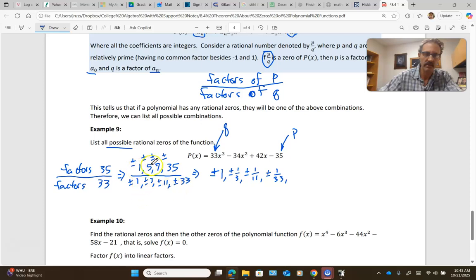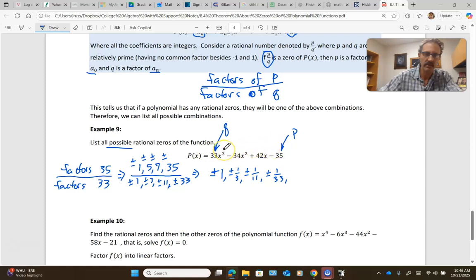Then you move on to the next one in the numerator, 5, and you put it over all these factors in the denominator, and you repeat that process for all of them in the numerator. When you're finished, you'll have a list of all the possible rational zeros for this particular polynomial.